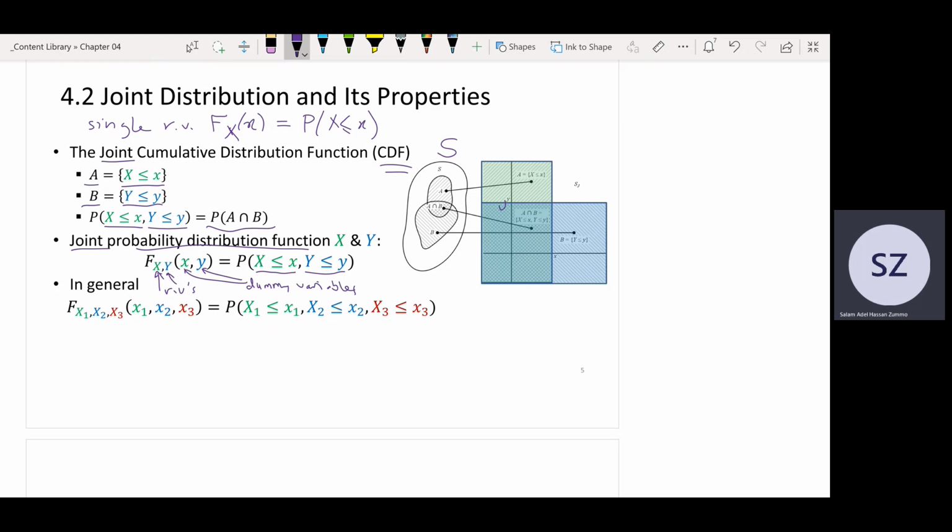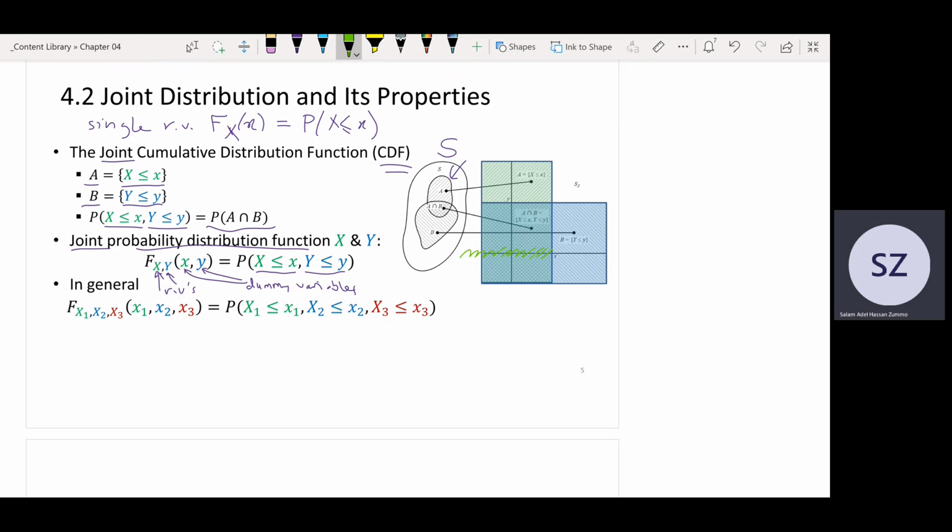A is an event on X. A means all the values that X is less than or equal to a specific number. So this is where A is. Right? Everything with X values less than or equal to small x.